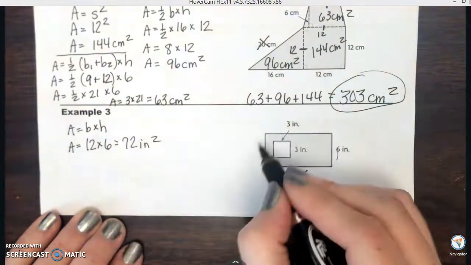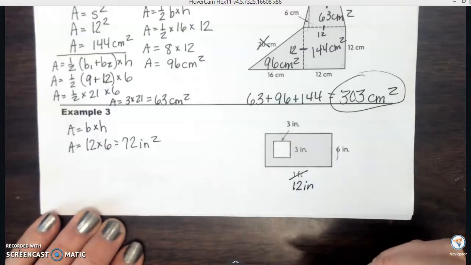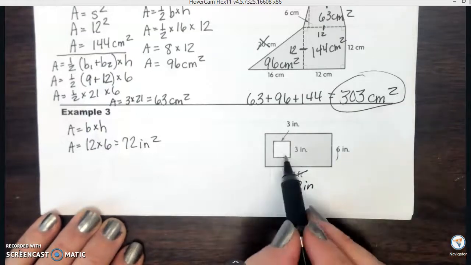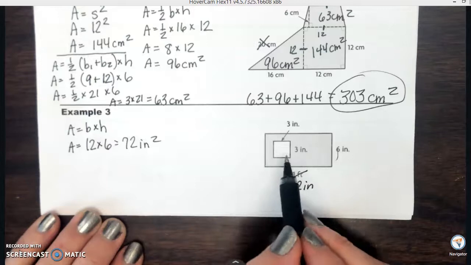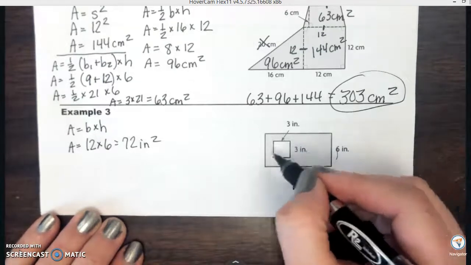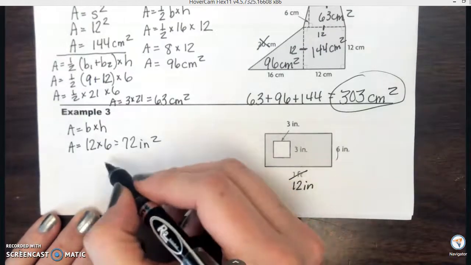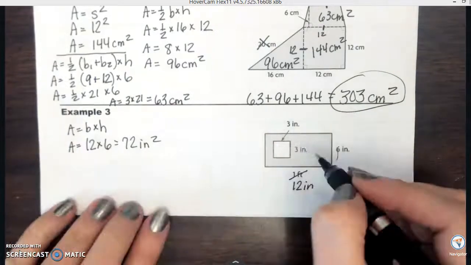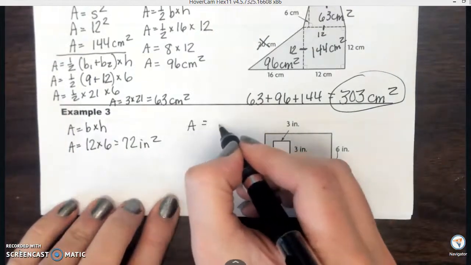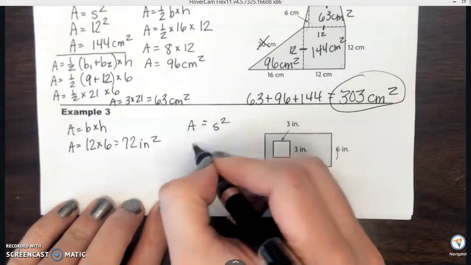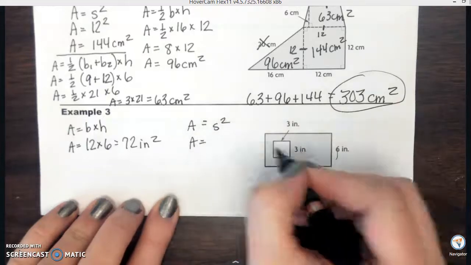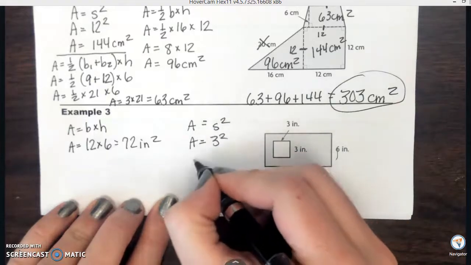So this whole thing is 72 inches squared. Alright, but I don't want to include this window. So I need to find the area of the window so that I can subtract it. The window is a square, so we say area equals side squared. So we're going to replace s with 3 for the sides.